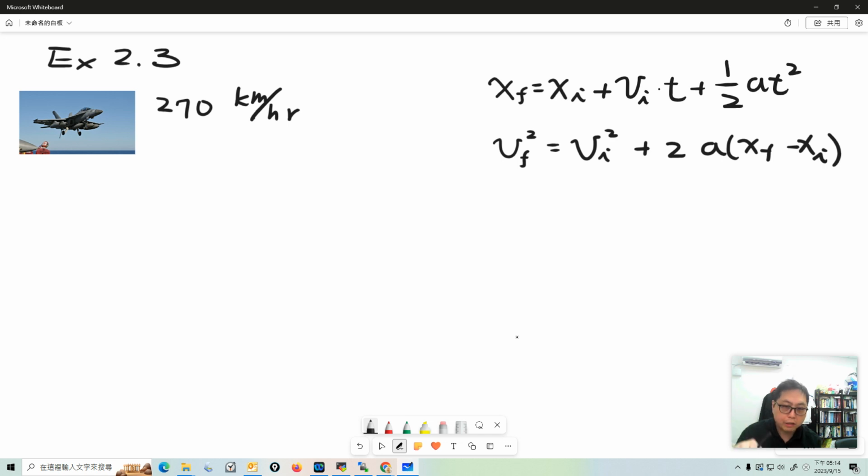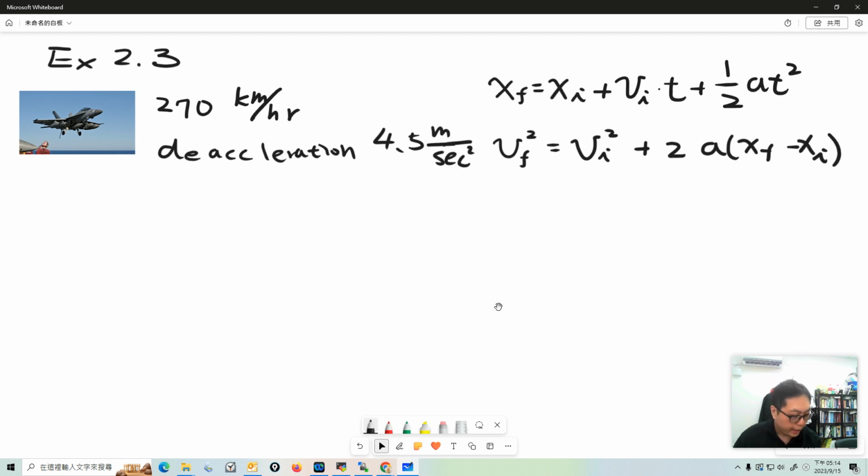Once it hits the ground, it is decelerating, and the value of the acceleration is 4.5 meter per second squared.